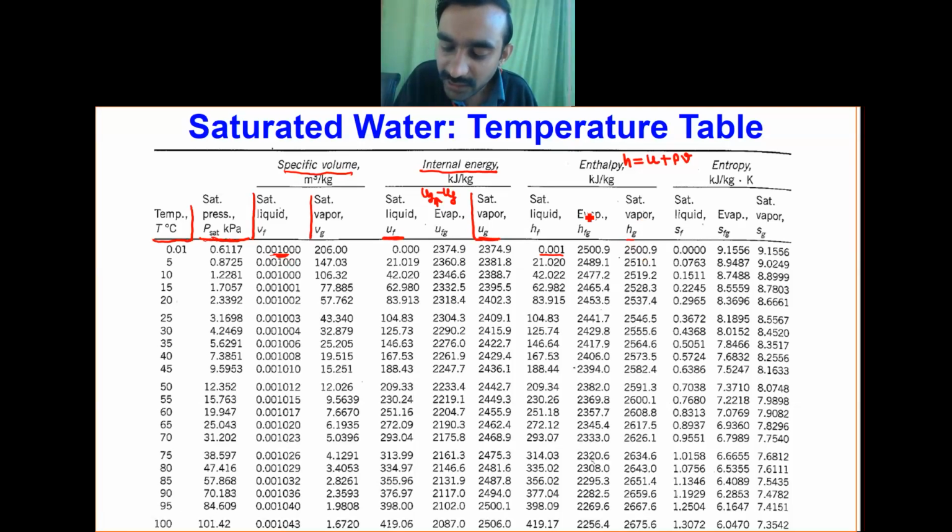Okay, so similarly we have the value of enthalpy for gas over here, and we have Hfg as nothing but Hg minus Hf. So at the moment you simply remember that enthalpy is H equal to U plus PV. Now this PV component over here is called flow work, which I will not elaborate on at the moment.